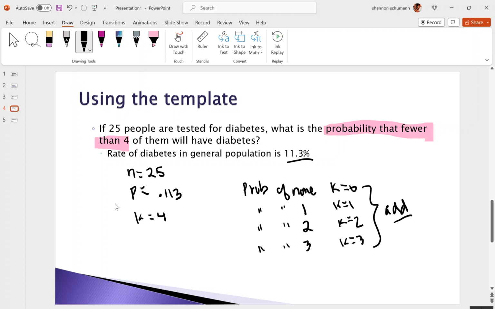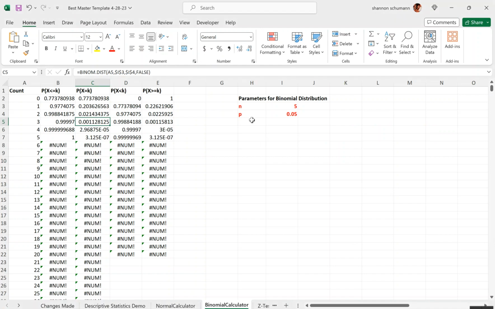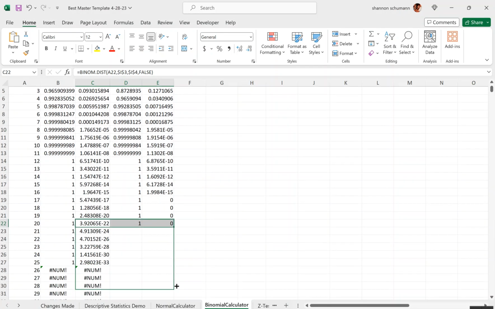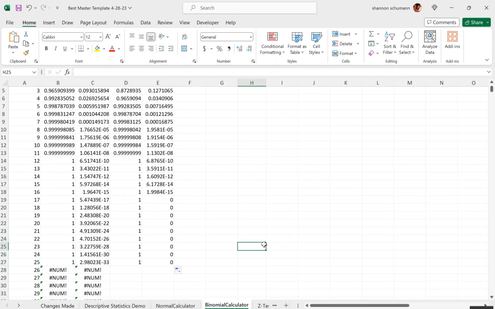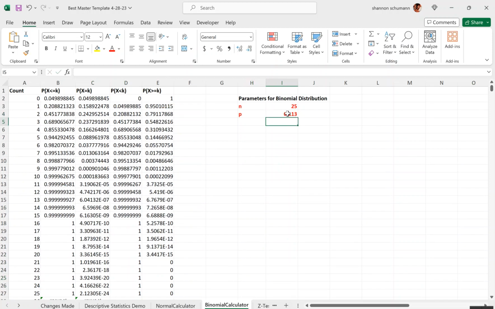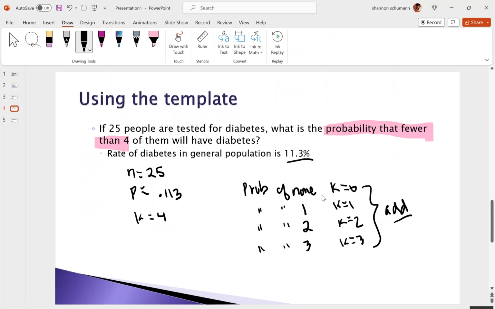So let's take a look at the template again. The N is 25 people. Oops, and this only goes to 20, so I'm just going to fill this down. These formulas will carry down. So there's my 25 people. The P was 0.113, and we wanted the probability that fewer than 4.